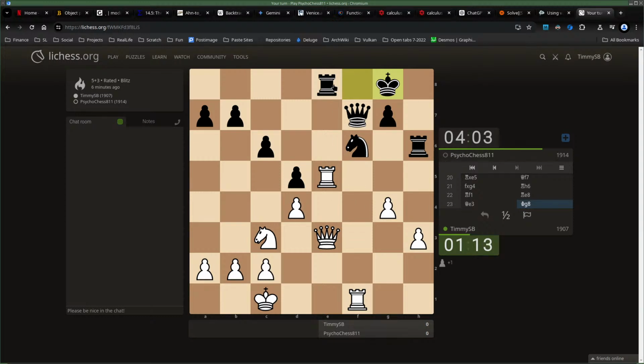No, I take the rook over check. It's my move. Oh, the king went to the side. So I can just fork it now.